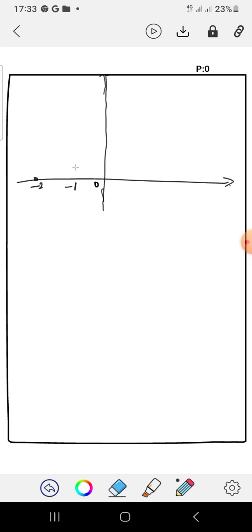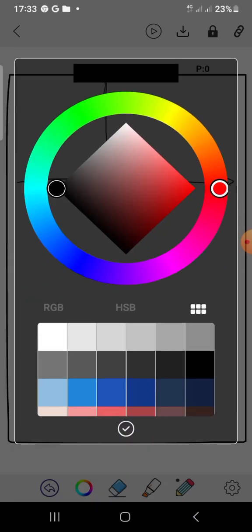Okay, so I'm going to construct a Cartesian plane. Don't let the big name scare you. A Cartesian plane is nothing but what we use to plot our graphs. All right, so that's the origin of the Cartesian plane. I'm going to label this as -1, -2.